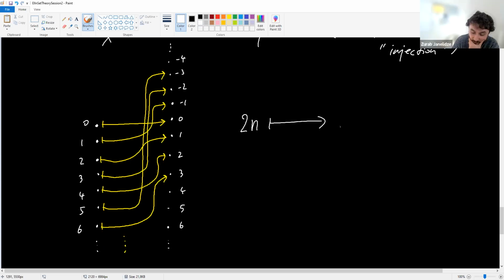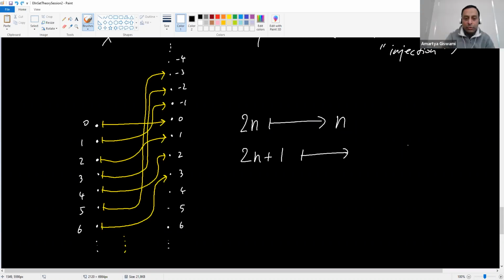All the even numbers, numbers of the form 2n, are being mapped to n, and numbers of the form 2n plus 1 are being mapped to, is it minus n minus 1? No, because 5 should go to -3. Let's see, 1 goes to -1.